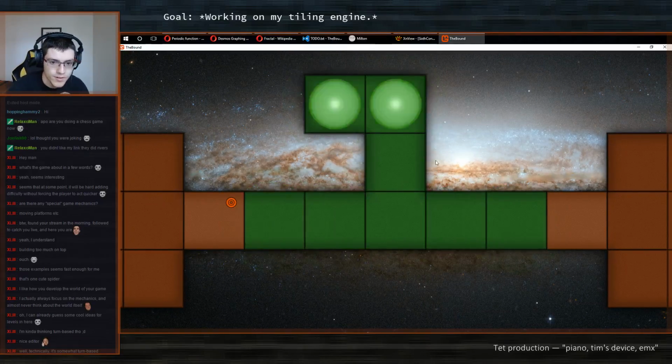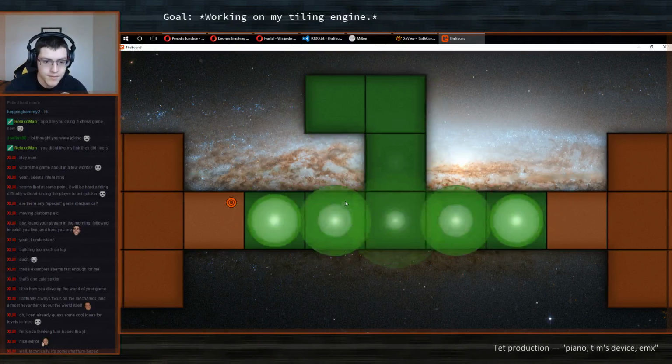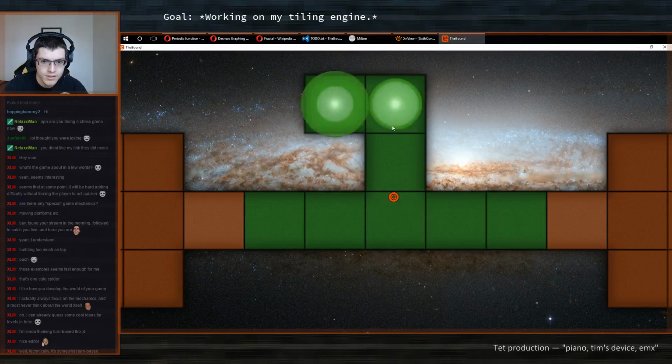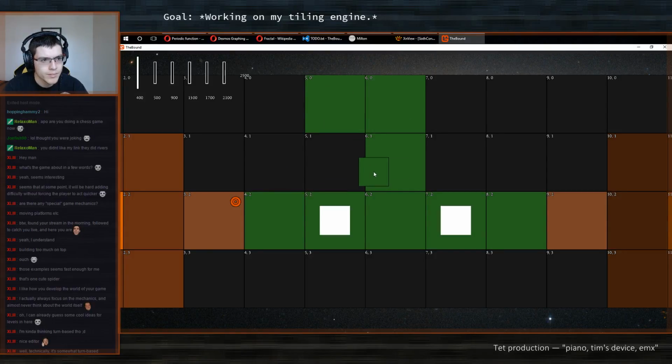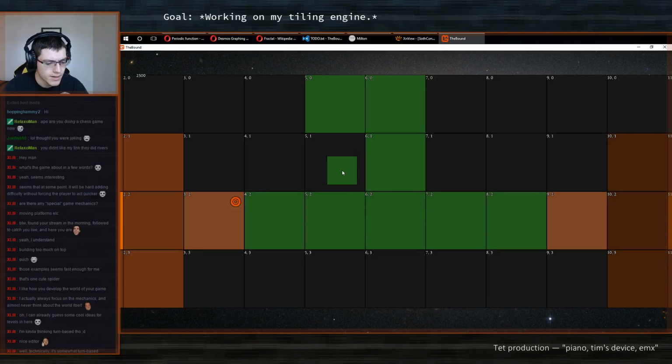Anyway, I wanted to do a fun level, and this is the opposite of fun, just because the patterns are really boring. The way you beat this is not that fun.